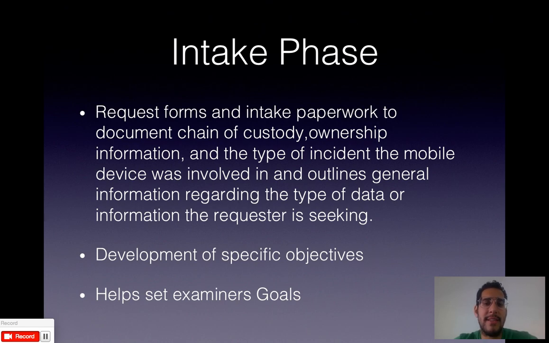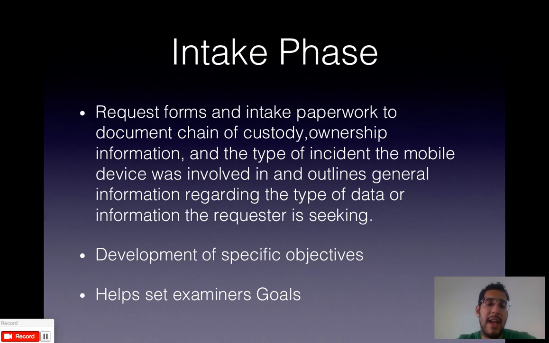So here in this phase, what the forensics examiner does is try to collect forms and paperwork to be able to get the rights to the information and have the authority to see the information. Here, it really helps the examiner set his goals and be able to say, this is what we're going to do, this is how we're going to do it, and prep for the actual observation and collection of data.